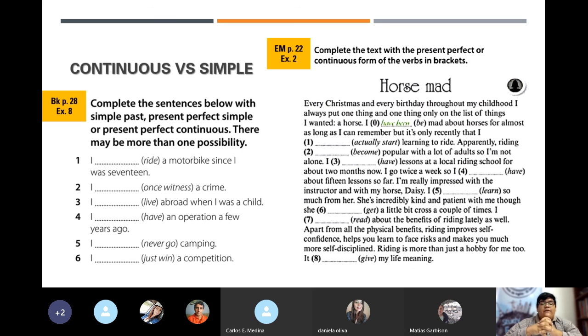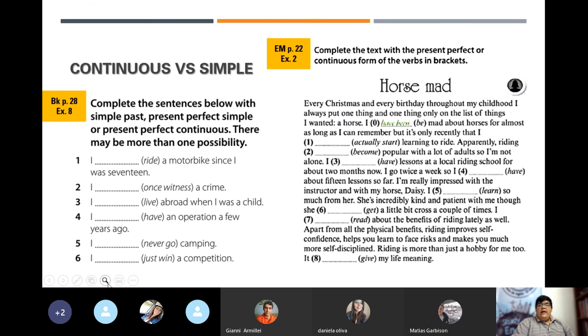That is the participle form of go. And number 6, I've just won a competition. What's the participle form of win? Won. I have just won a competition. Okay, good.